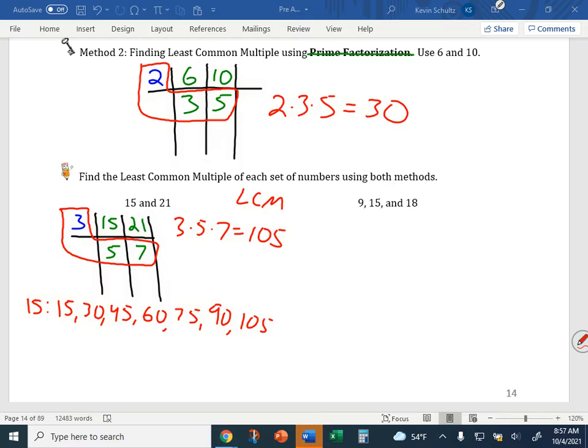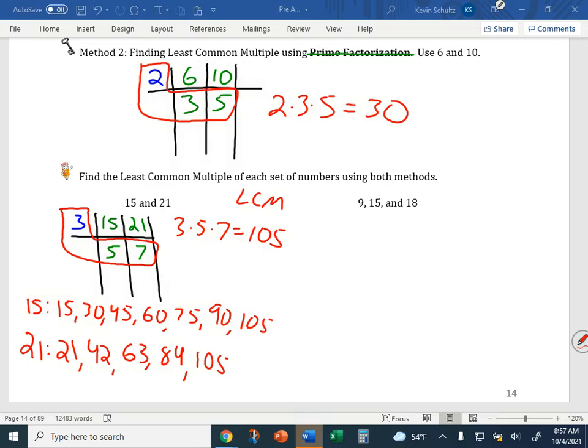Okay? If we start listing multiples of 21, I'll get you started. 21, what comes next? 63, what comes next? 84, then 105, right? So you can get there with listing too. And if you can add quickly and reliably in your head, it's a method that can work just fine.